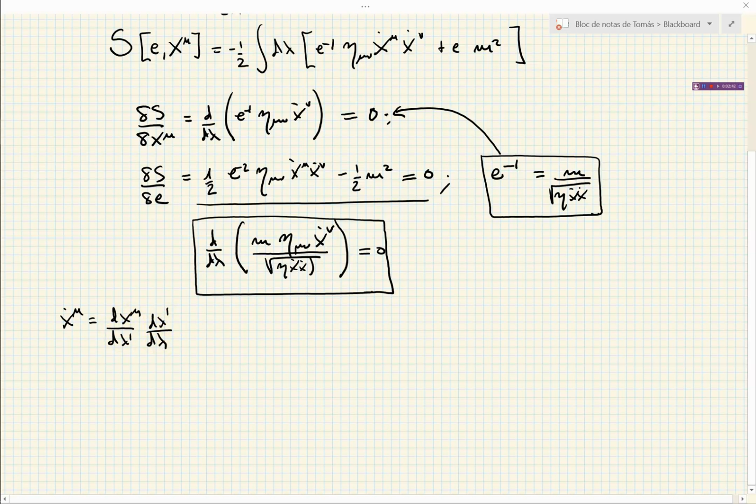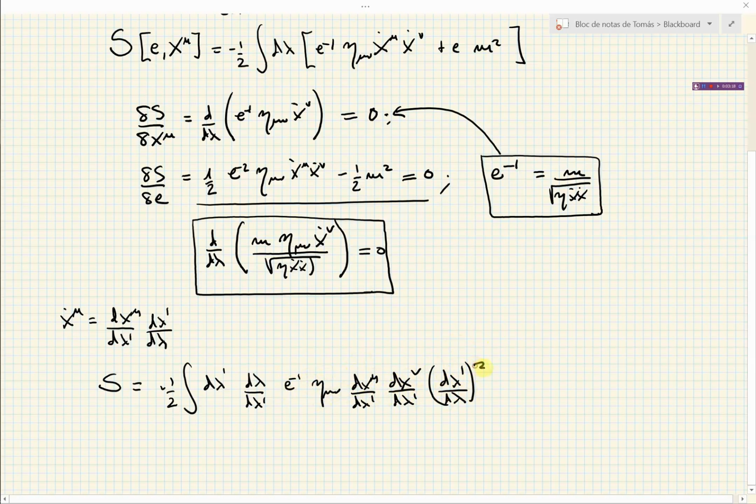And if you go to the action, you find minus a half dλ' /dλ, e^(-1), η_μν dx^μ/dλ' dx^ν/dλ', times (dλ'/dλ)², and here plus e m².